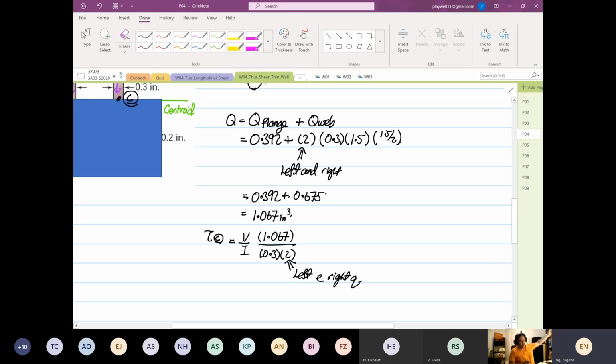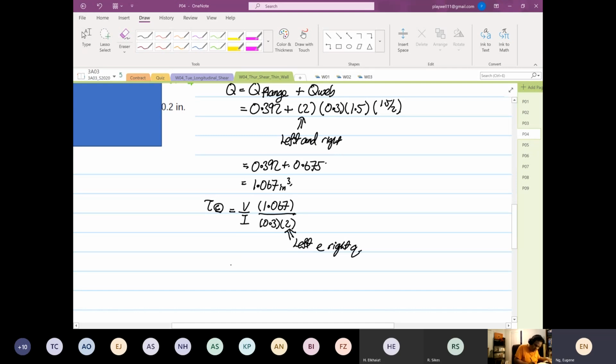One Q goes towards the left, the other Q goes to the right. Okay, so this will be equal to 1.067 divided by 0.3 divided by 2. So it's equal to 1.067 divided by 0.6 V over I. And then we know that this will be equal to 10 times 10 to the power 3.